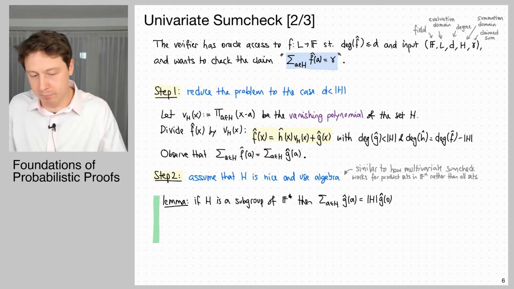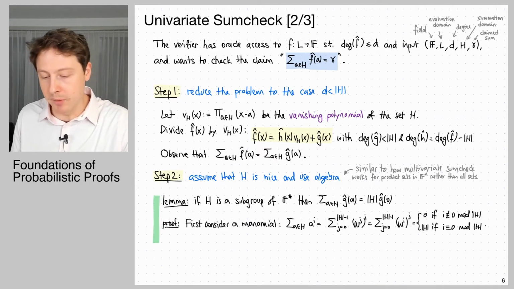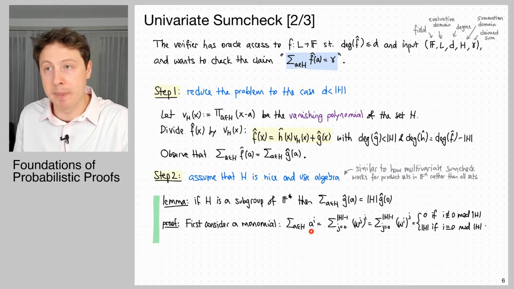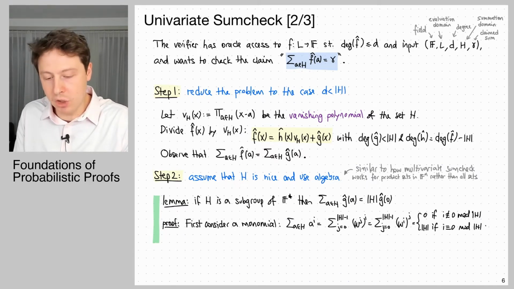It's a very straightforward proof. Let's first consider a monomial, okay? Because a polynomial is a sum of monomials that are weighted. So let's say that g hat for a moment is just x to the i. That means we're looking at the summation of a to the i. Now, because h is a subgroup of F star, and F star is cyclic, I can rewrite the elements of h as just some generator of h to the j, for j from 0 to h minus 1.